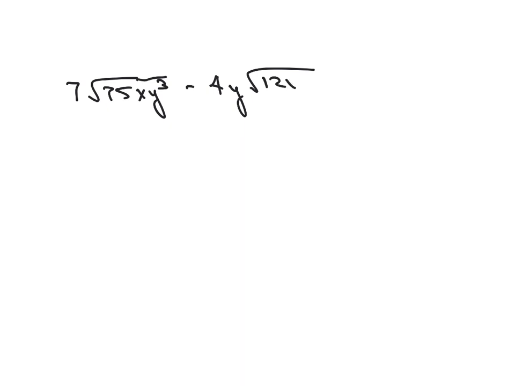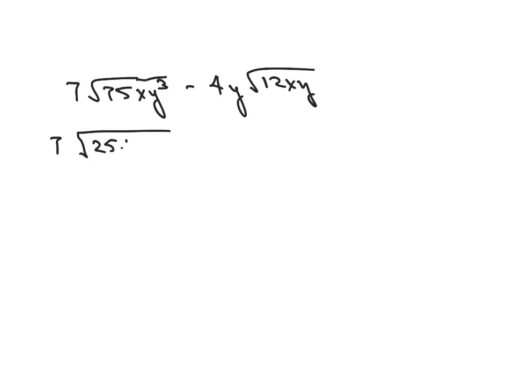Okay, so let's look at example 3. 7 square root of 75xy cubed minus 4y square root of 12xy. Okay, so we're going to simplify first. So we're going to look at two numbers multiplied together to give me 75.